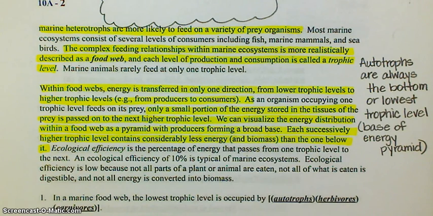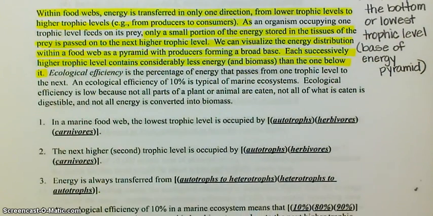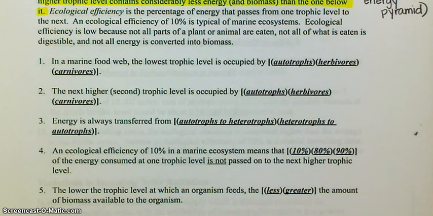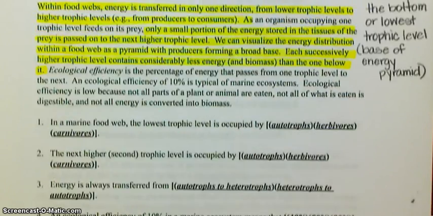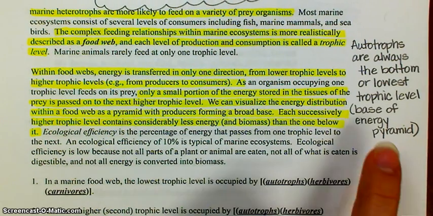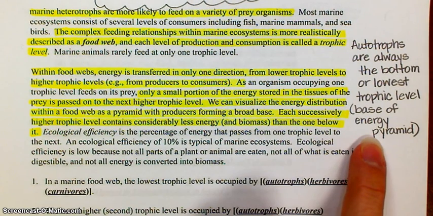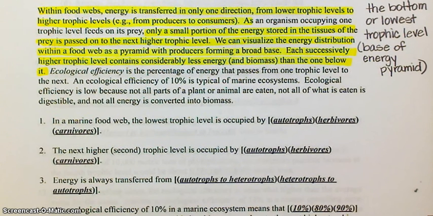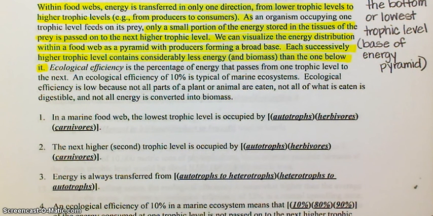All right, so now we are going to start these questions. Number 1, in a marine food web, the lowest trophic level is occupied by what? Autotrophs, herbivores, or carnivores? What does it say over here? It says autotrophs are always the bottom or lowest trophic level. So, number 1, the lowest trophic level is occupied by autotrophs.